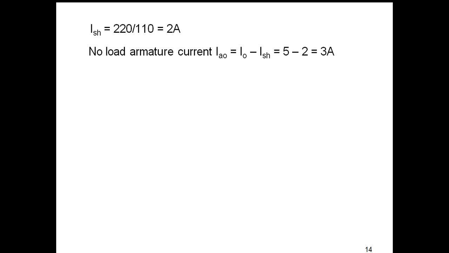This can be obtained from the circuit diagram. And if we subtract that, we get the answer as 3 amperes.